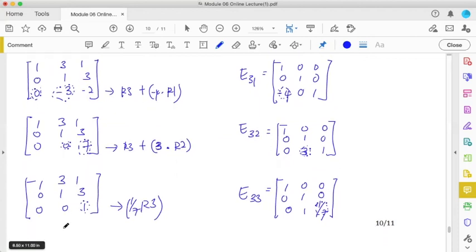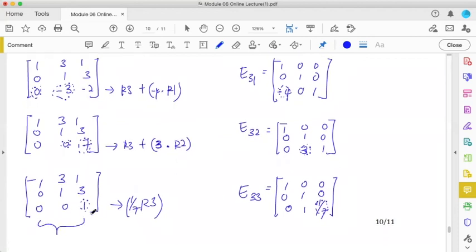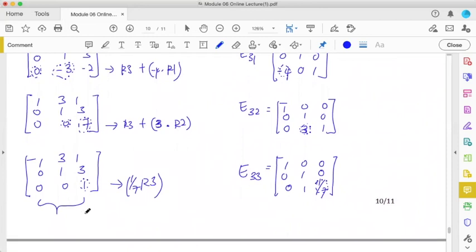So this one is what you call your U, the upper triangular matrix. So your A consists of U, which is this one, and L. So what is the L?